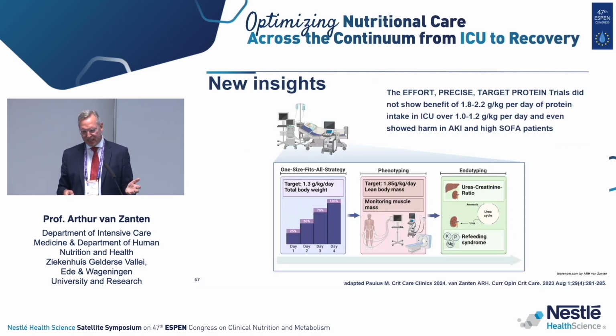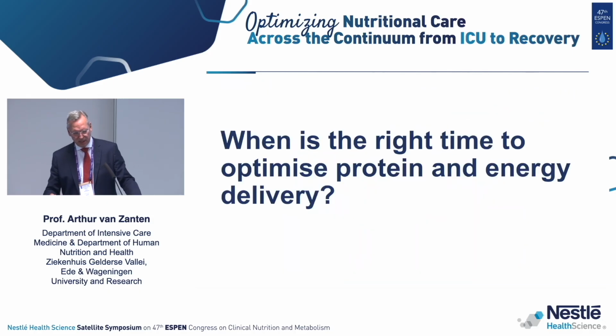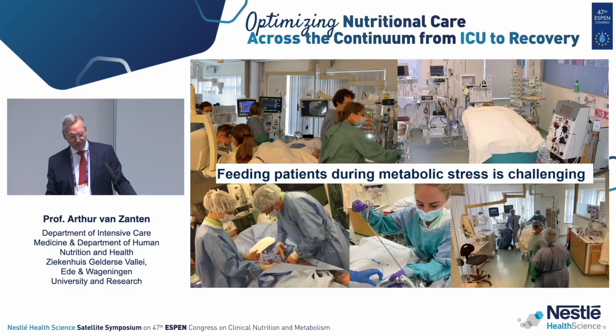So we have new insights, also based on the studies that Elisabeth already showed, that going very high in the ICU is not helpful. It can even be harmful for patients with high SOFA scores, with AKI, maybe in female patients and so on. So we have to focus on another time window. What is the right time then to induce this?